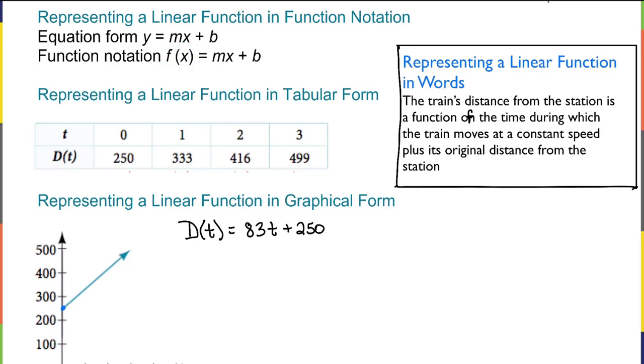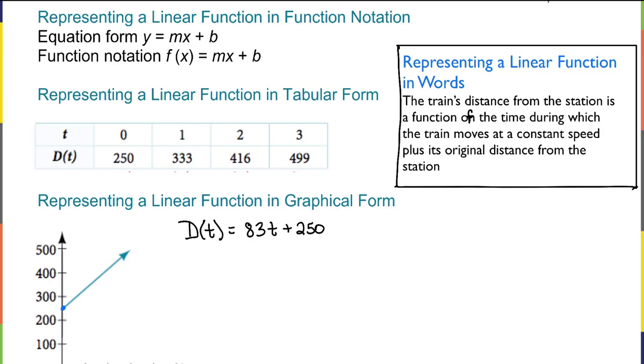So we can represent a linear function in function notation, and this is slope-intercept form of a linear function. Instead of y equals mx plus b, we can say f of x equals mx plus b. We'll talk about this more in depth later in this lesson.